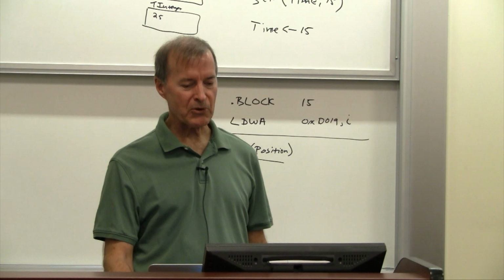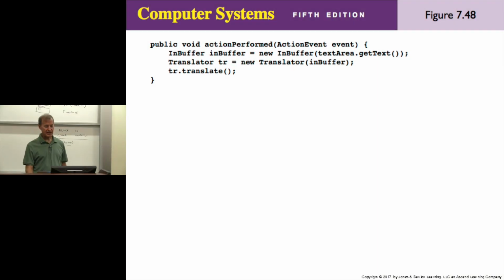But let me just mention one more thing before we break. In figure 7.48, here is what your actionPerformed should look like. You need to rewrite your actionPerformed. In figure 7.48, inBuffer gets new inBuffer, and then translator.tr gets new Translator(inBuffer), and then we call tr.translate.